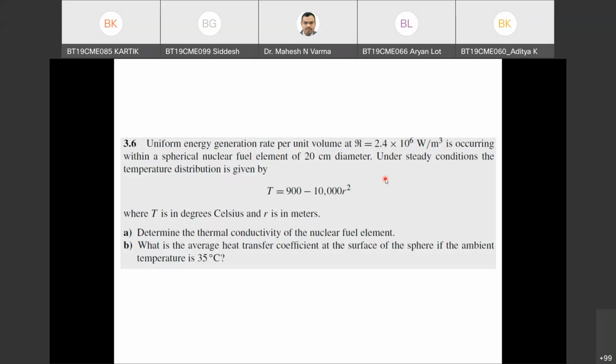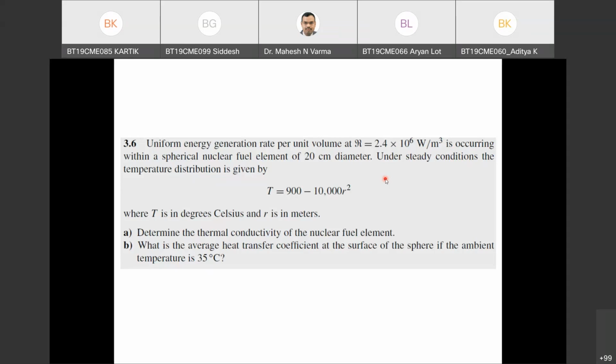The temperature distribution is given now. Calculate the thermal conductivity of the nuclear fuel element and the average heat transfer coefficient at the surface of the sphere if the ambient temperature is 35 degrees Celsius.